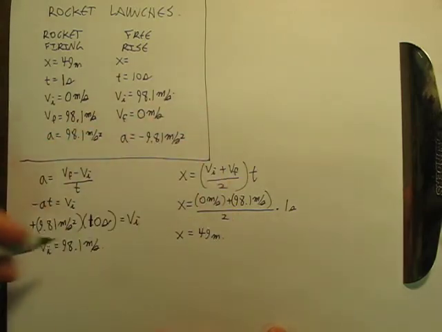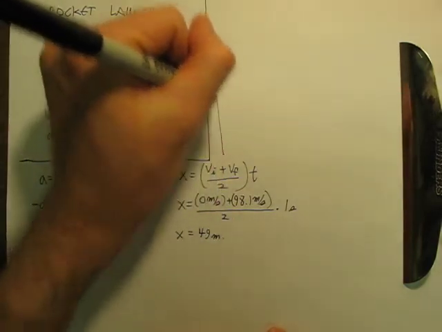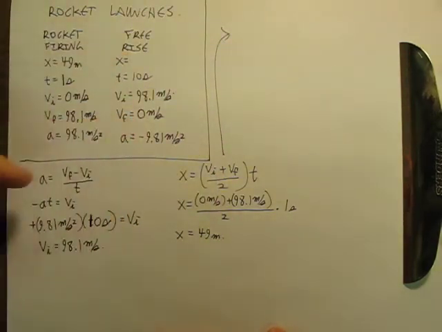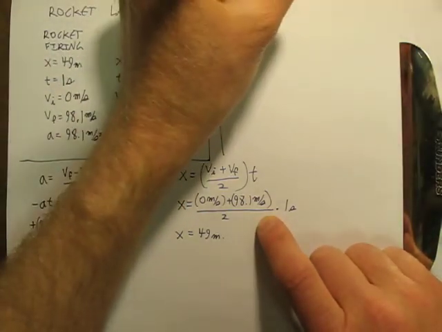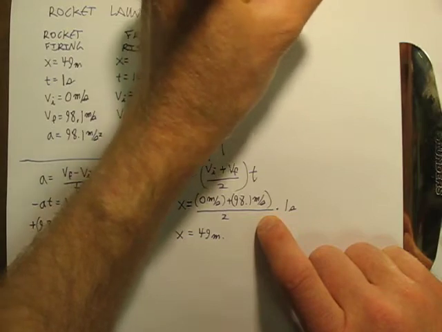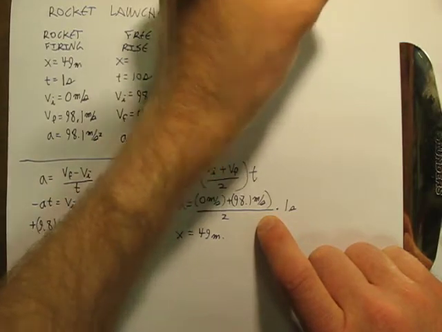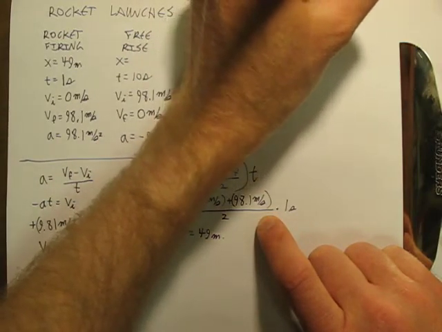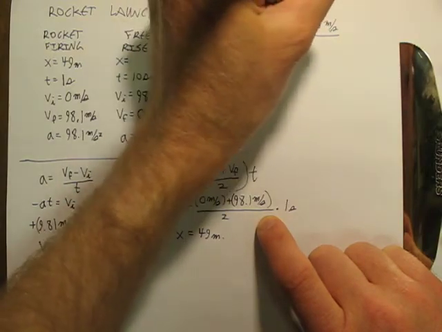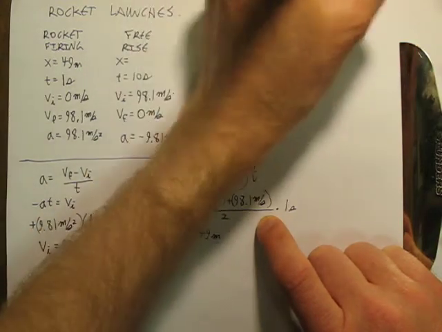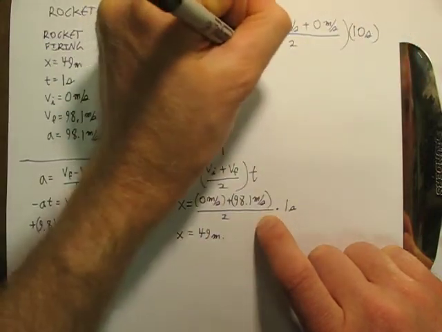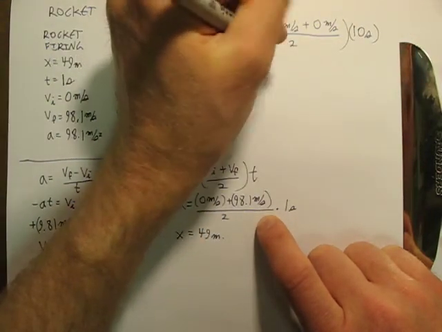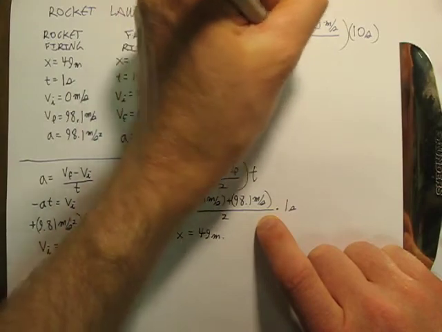Now, the last one we're going to do is over here. It's going to be almost exactly the same thing. 98.1 meters per second is where it starts out, 0 meters per second is where it ends up, divided by 2, but now this is 10 seconds. And so X is going to be approximately 490 meters.